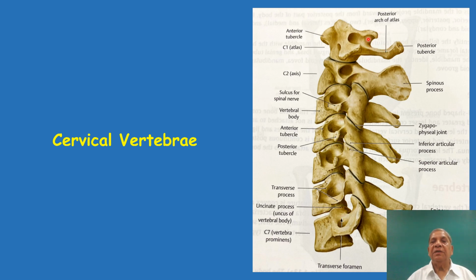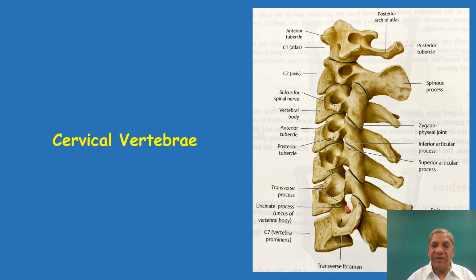For example, this C1 will come out from here, C2 from here, and through the intervertebral foramina between C2 and C3, the third cervical nerve will come out. Through these foramina, the nerves which come out are always above the corresponding vertebra.